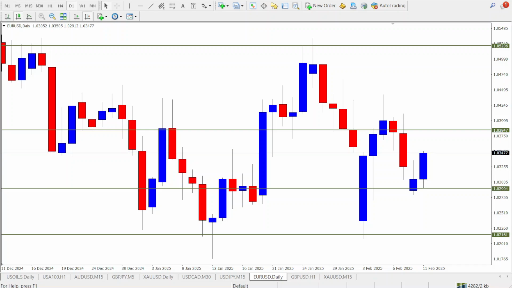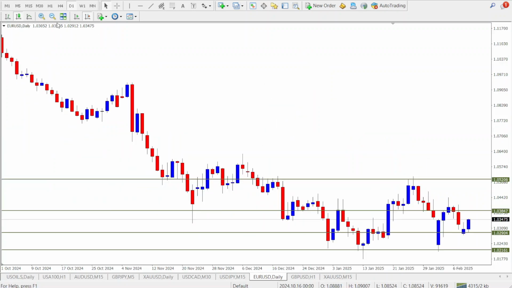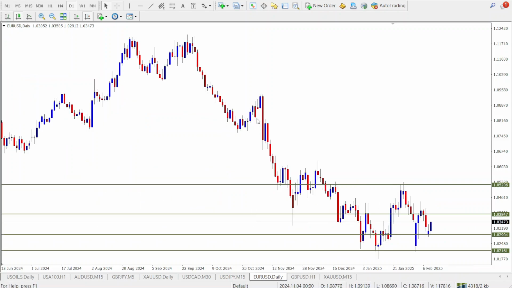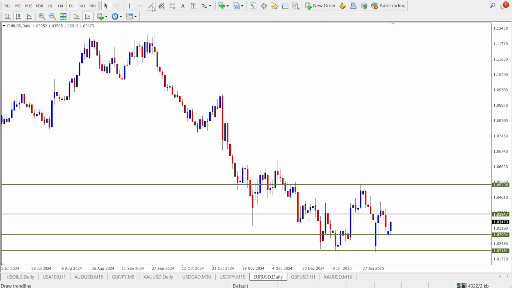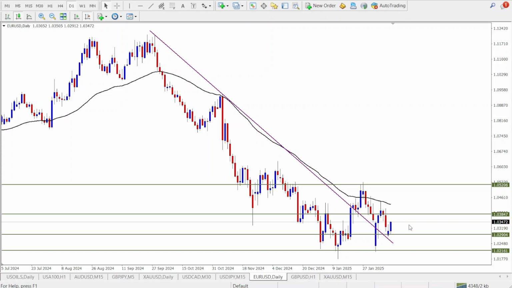Secondly, we have dynamic support and resistance. Dynamic support and resistance are moving levels that change with price action. Examples include moving averages, trend lines, and Bollinger Bands.